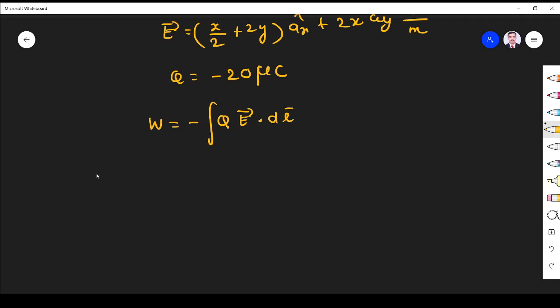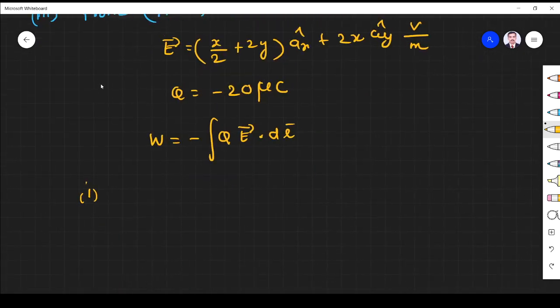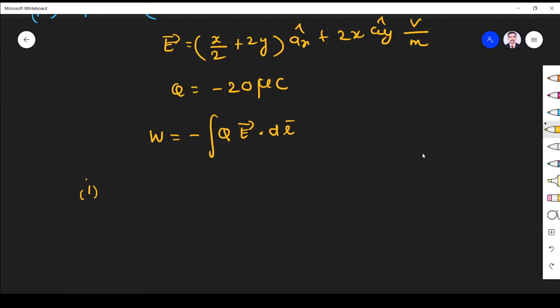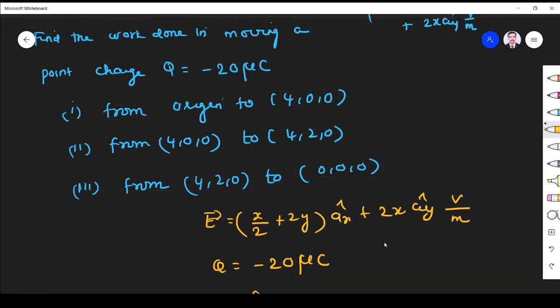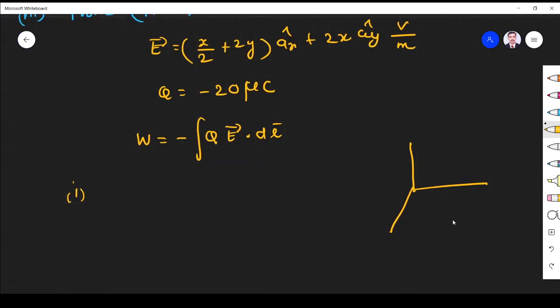First we find that. For problem number 1, we have to move a charge from origin (0,0,0) to (4,0,0). In this problem, in all the coordinates, z is 0, so it is purely moving on the xy plane. So I change the axis like this. Then it is easy for us to understand.